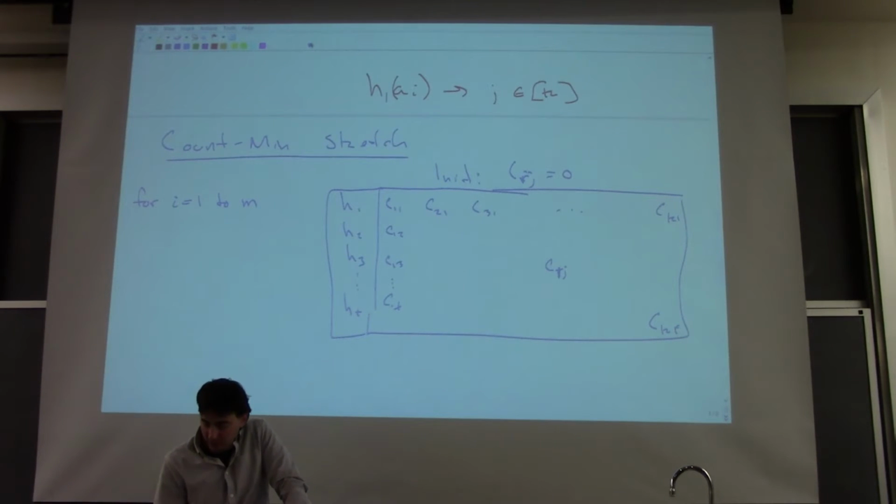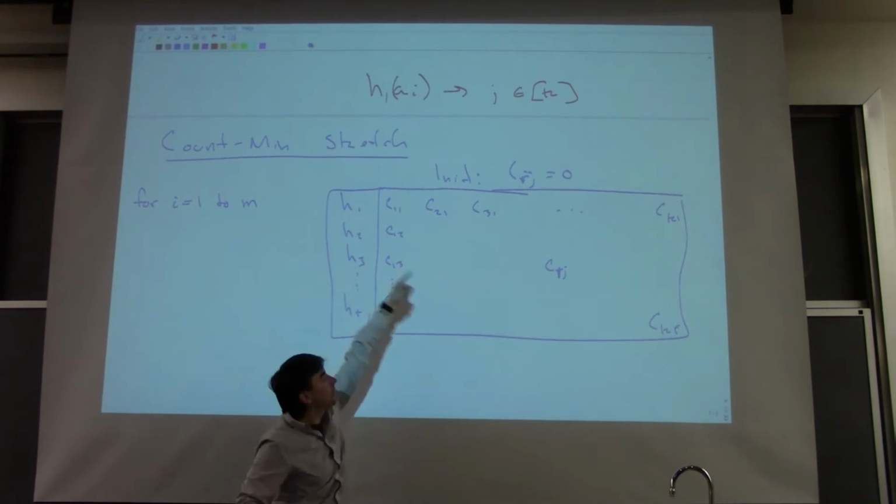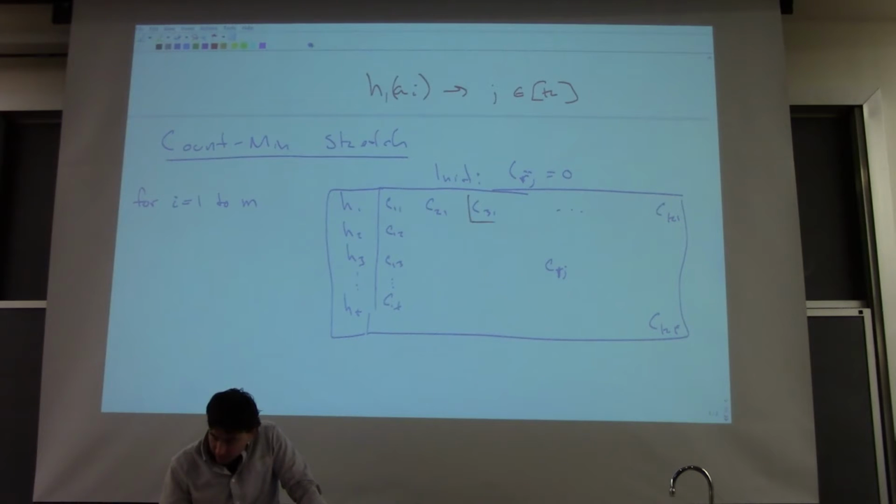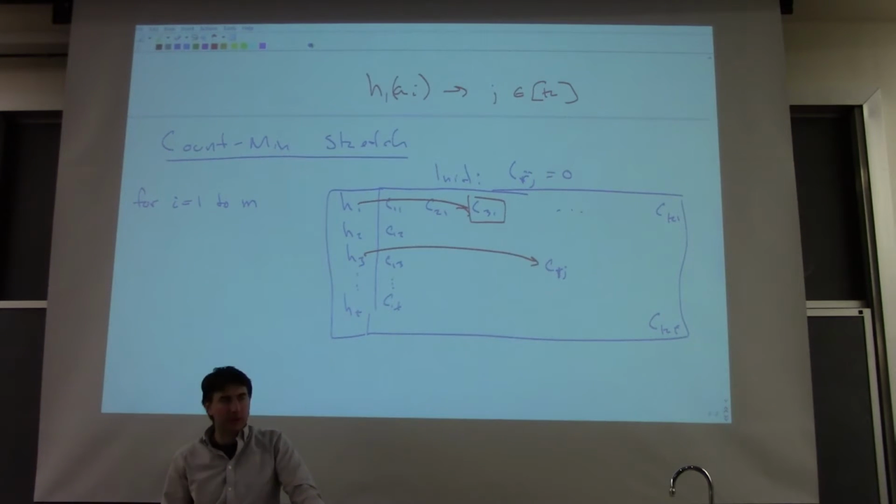Let's say h1 went to 3, so I'm going to go to this counter, and h2 will go to this one, and h3 maybe will go to the jth thing.